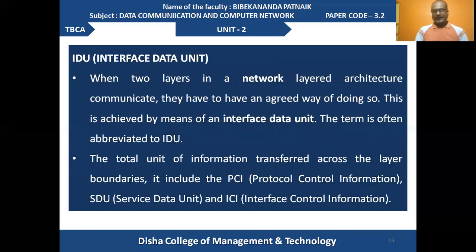Next in the list is the IDU, that is, the interface data unit. When 2 layers in a network layer architecture communicate, for example the application layer followed by the presentation layer, they have to have an agreed way of doing so. It is the most important thing. One layer normally sends certain information to the next layer.